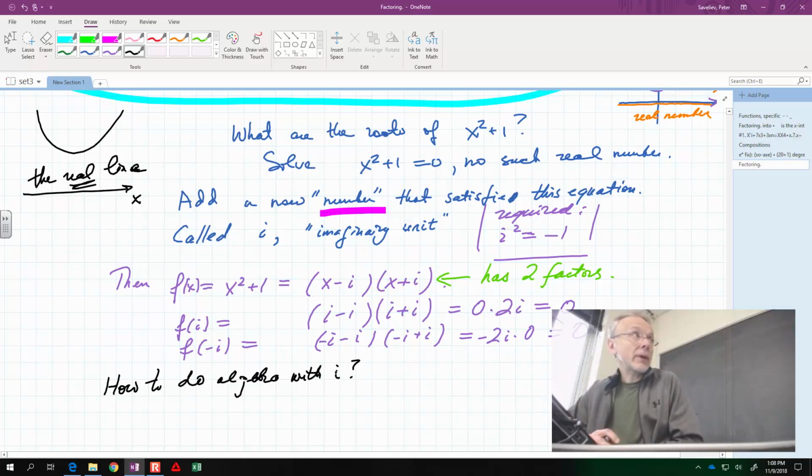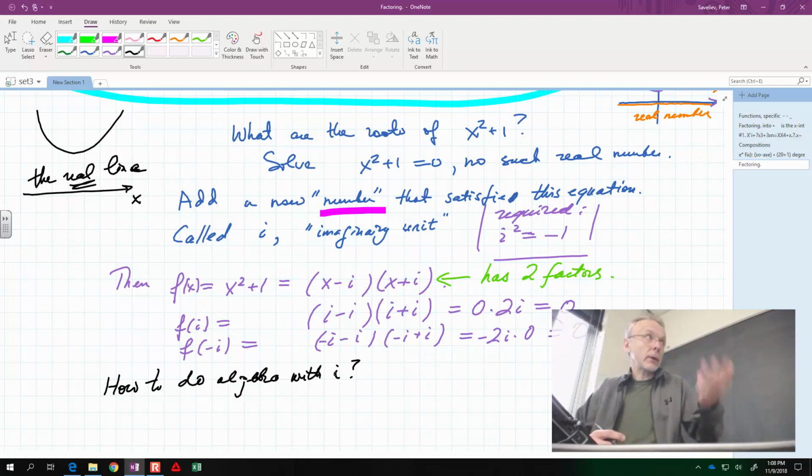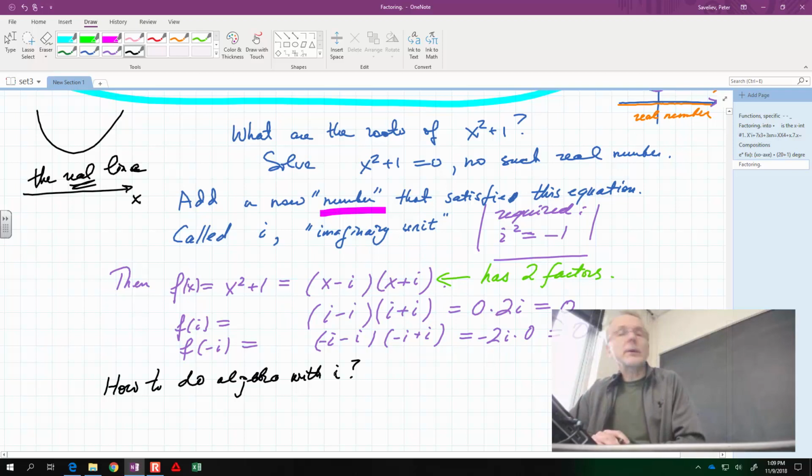The rules of algebra that we have known apply, and considering that this number is not a real number, anything else will not be available to us. Any kind of intuition or real life experience with numbers will not help, because this is not a real number. So we have to rely on the properties of real numbers, and we just say those properties are now applicable to that new number as well.